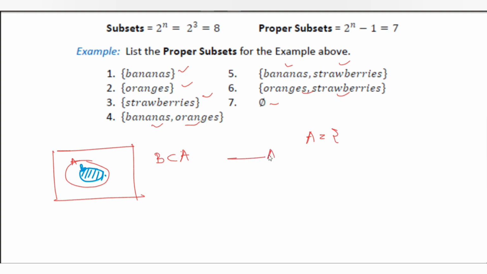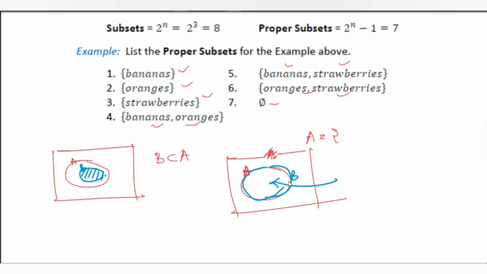To get a subset that is not a proper subset, we have A, and then our B will be on top of A because they contain the same elements.